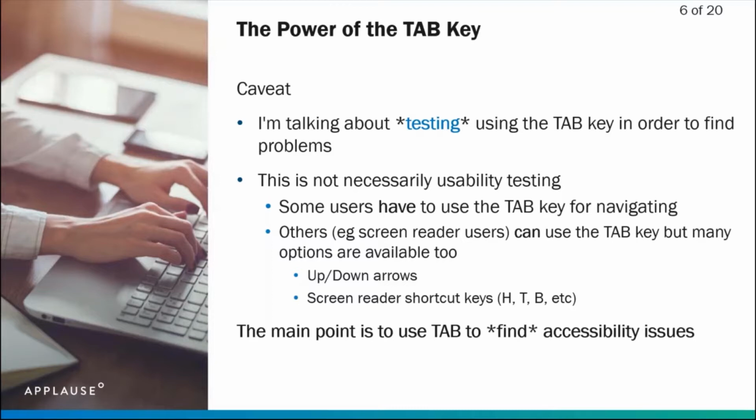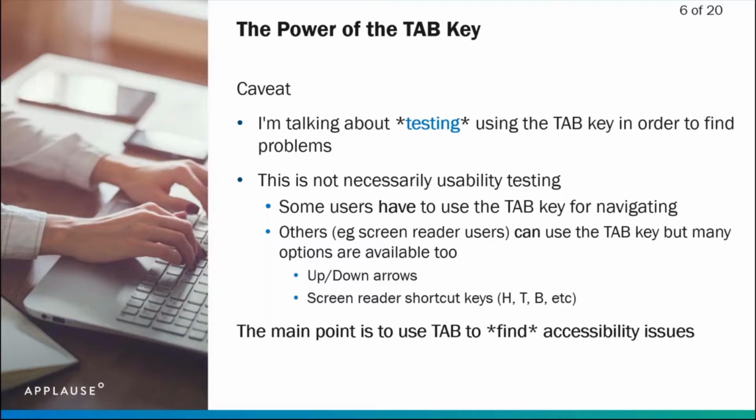Now, there are some users, definitely, that have to use the tab key for navigating. It may be a dexterity issue or some other type of issue. But there's other users that use the tab key. Even the power users use the tab key all the time. A screen reader user certainly can use the tab key to navigate around the page. But a screen reader user also has many other options, such as using the up and down arrow keys to navigate through the DOM.